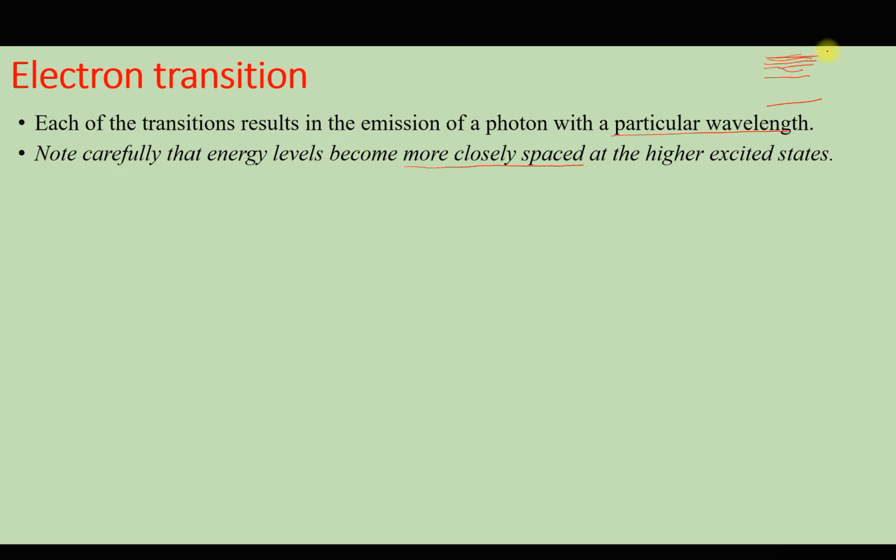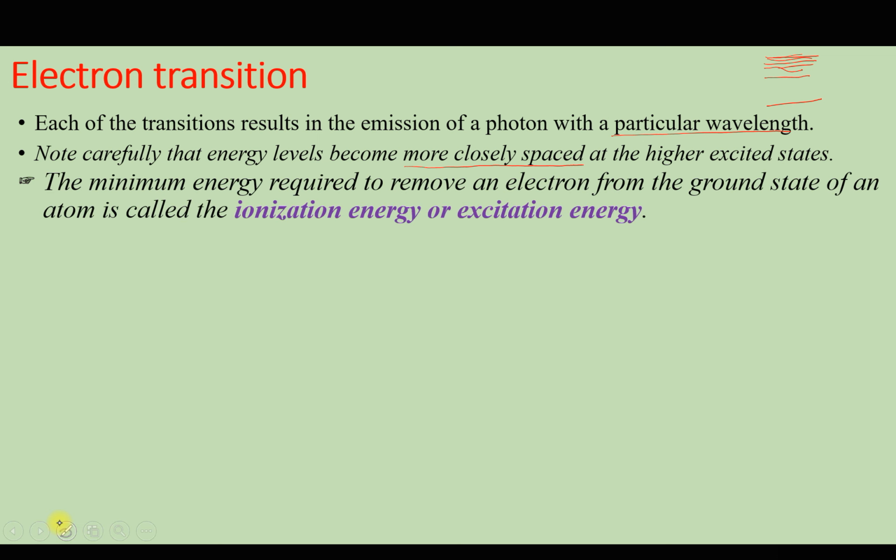They get closer. And the minimum energy required to remove an electron from the ground state of an atom is called the ionization energy or the excitation energy.